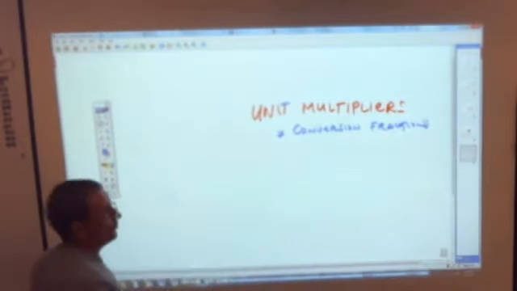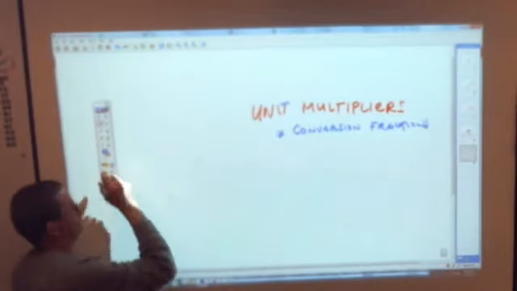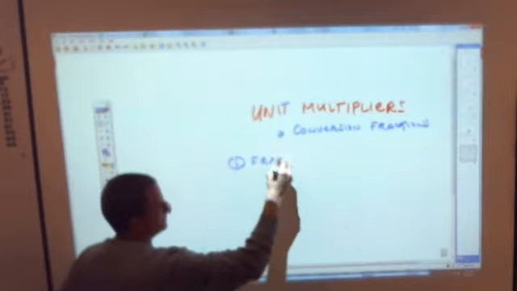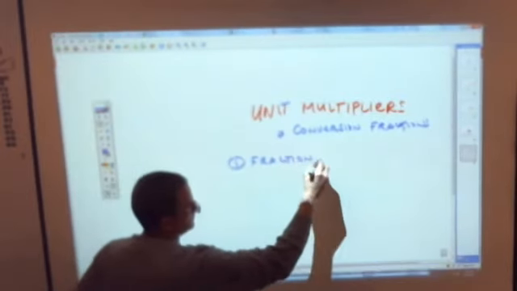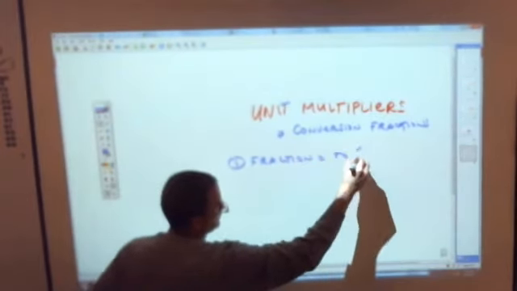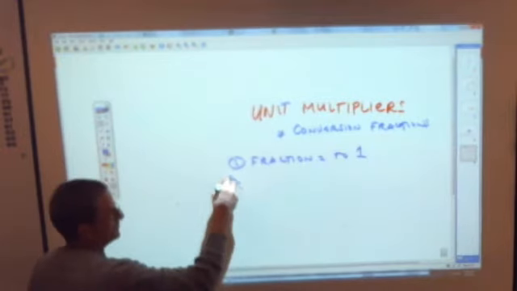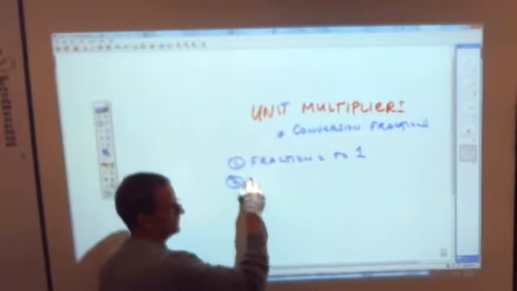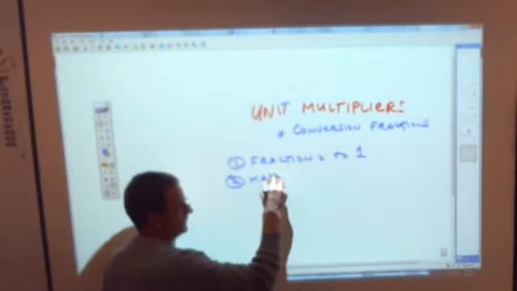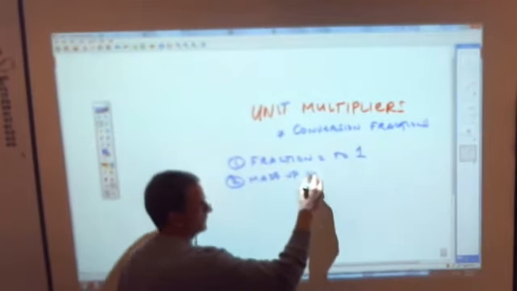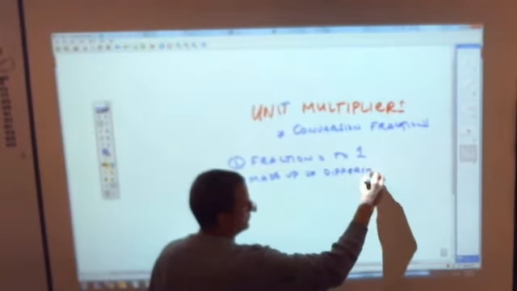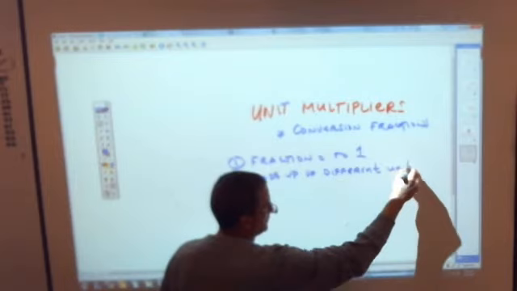And what a unit multiplier is, number one, it is a fraction that equals 1. And number two, it is made up of different units of measurement.